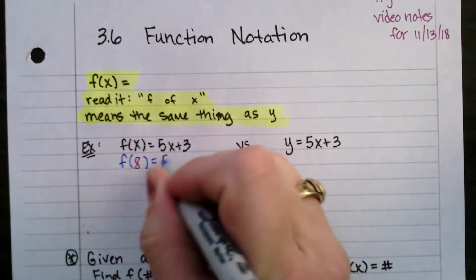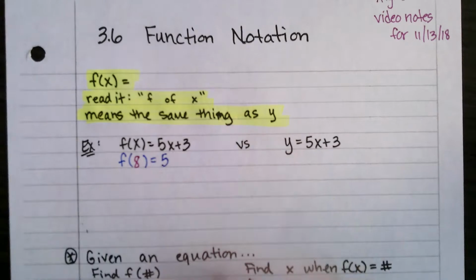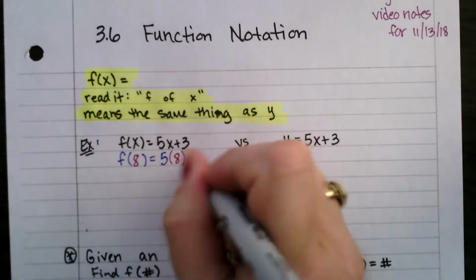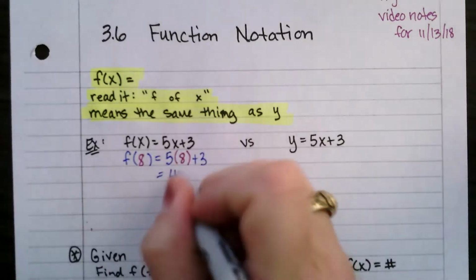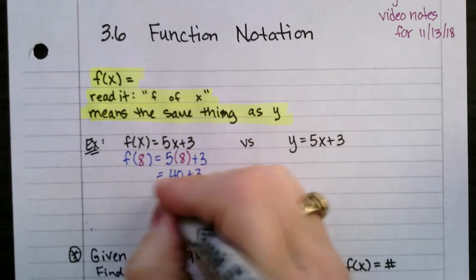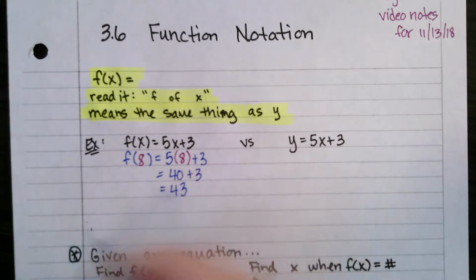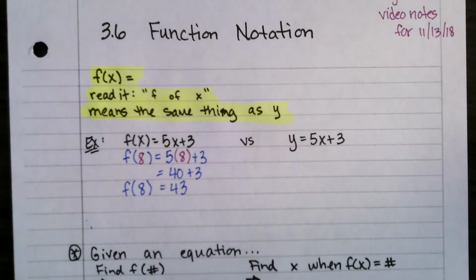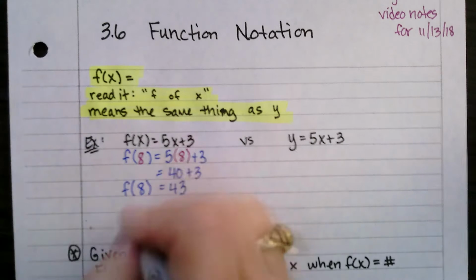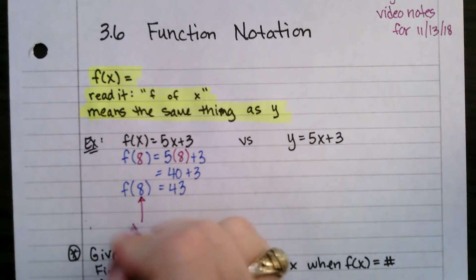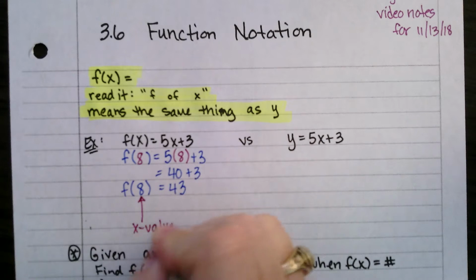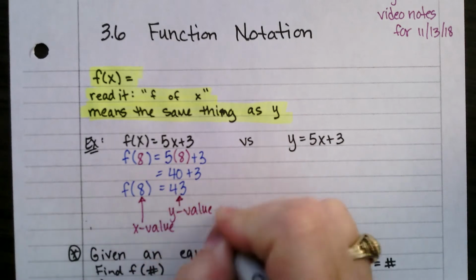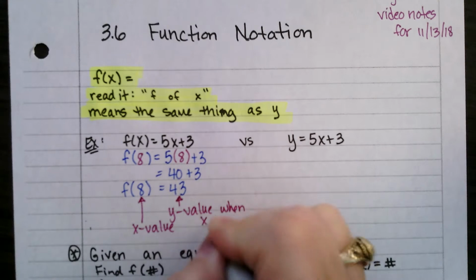So instead of 5x plus 3, I'll have 5 times 8 plus 3, which would give me 40 plus 3, which is 43. So f of 8 equals 43 means that 8 is the x value and 43 is the y value when x is 8.